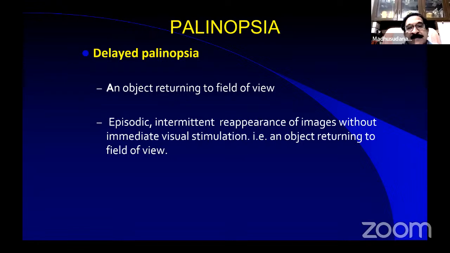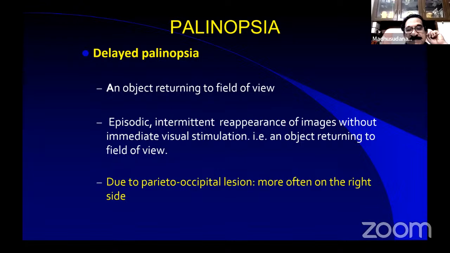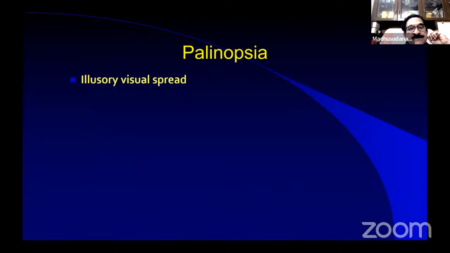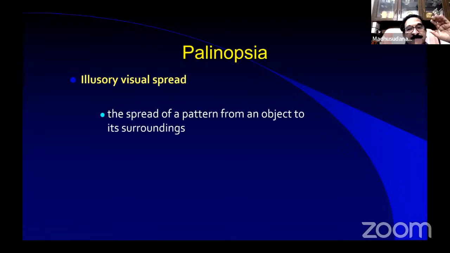That is episodic, intermittent reappearance of images without immediate visual stimulation, the object returning to the field of view. This again is due to a lesion, more often on the right side. Then illusory visual spread is the spread of a pattern from an object to the surroundings, where the image spreads into the surrounding area.